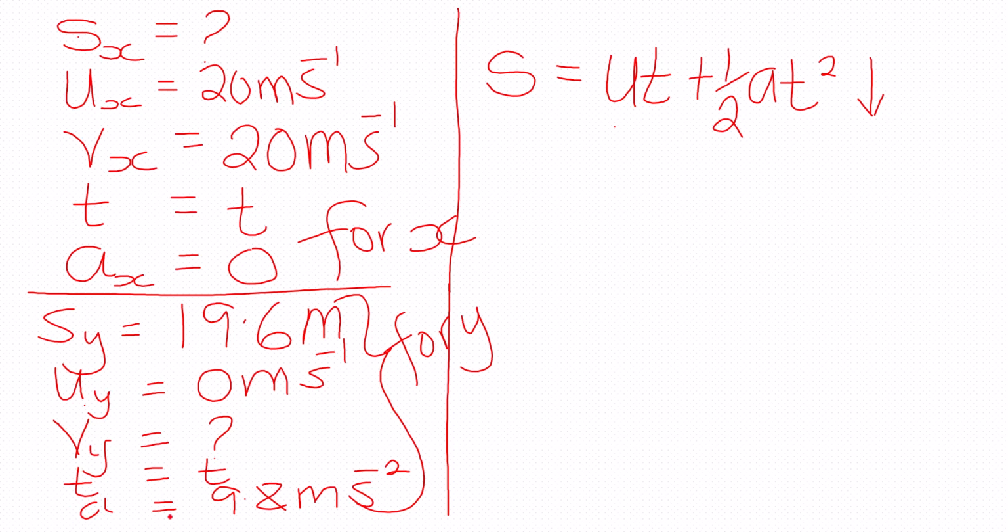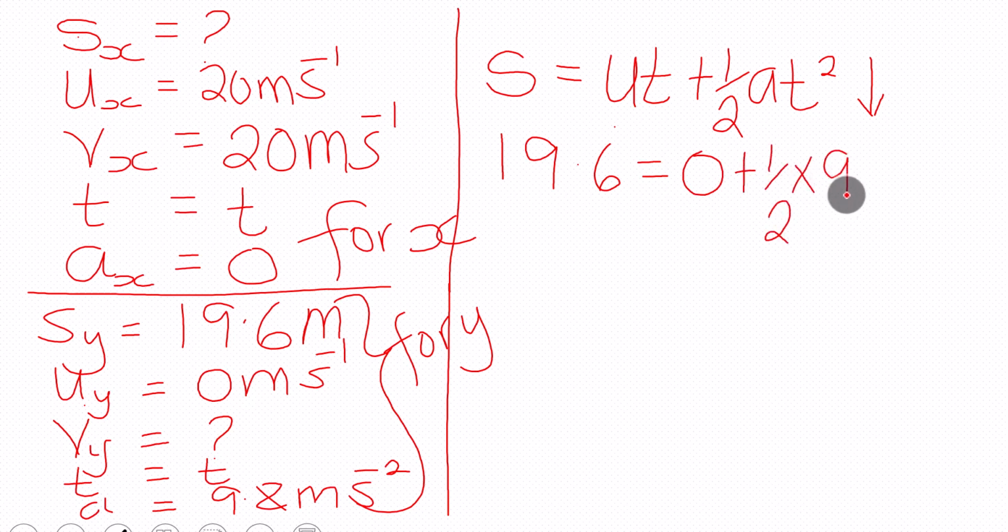Our acceleration is 9.8, and that is all we need to find the time t. So 19.6 will equal 0 plus a half times 9.8 t squared.